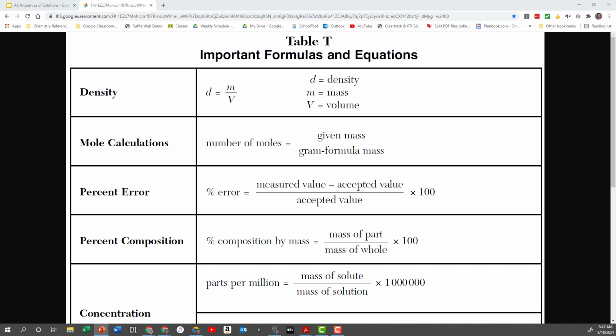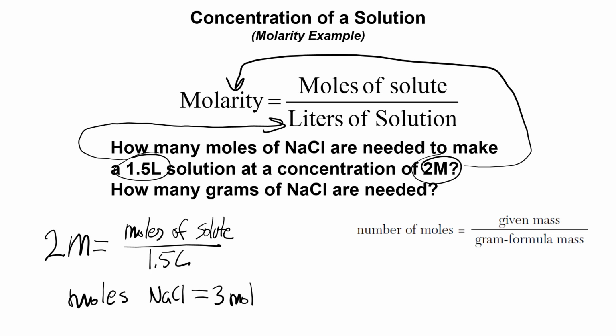So we know the number of moles is 3. I'm going to put that over there, right? And the given mass, we don't know that. That's what we're trying to find. What's the gram formula mass of NaCl?